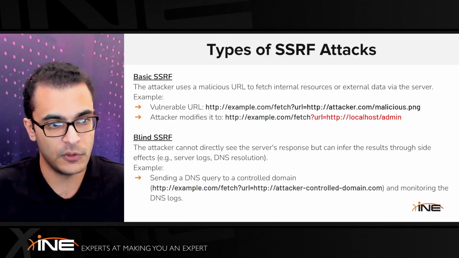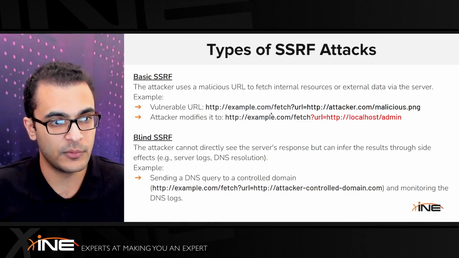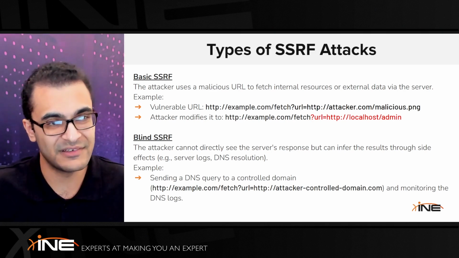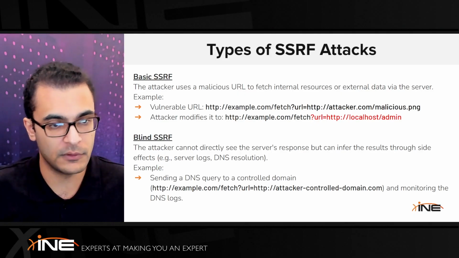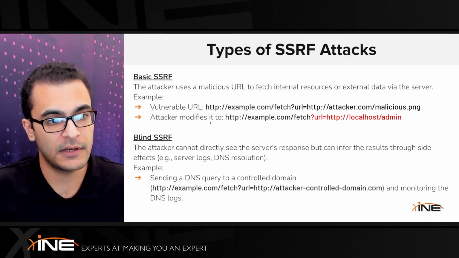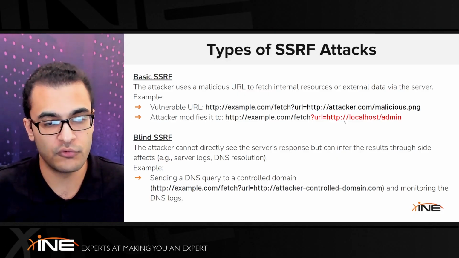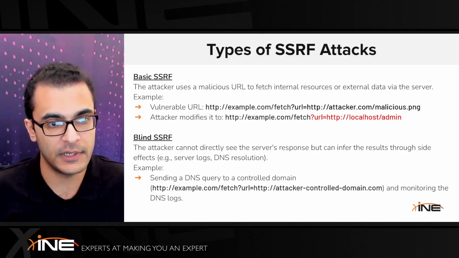An example of this is the URL http example.com fetch, with the parameter url equal to, in this case, let's say the web application allows you to load an external PNG. But as the attacker, you modify it to point to your own attacker-controlled server where you're hosting whatever. It could be a payload or anything like that.